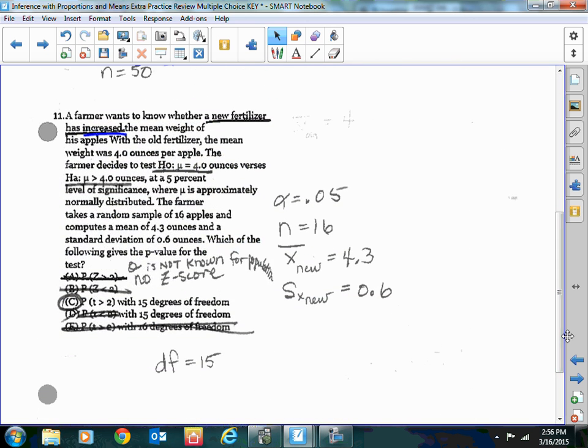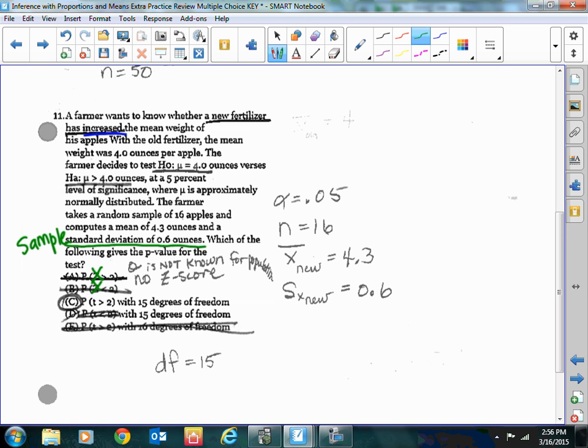All right, and for number 11, I just kind of started writing out the data. And what happens is when they tell us this standard deviation is just for the sample, since it is just a sample standard deviation, you cannot use z-scores.